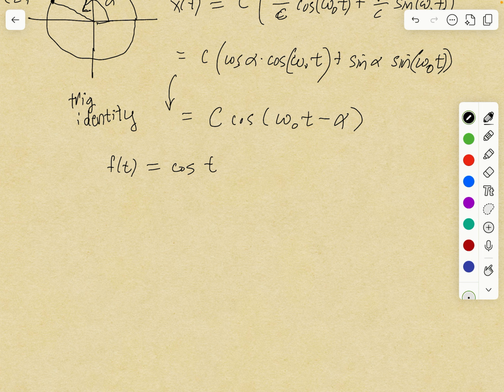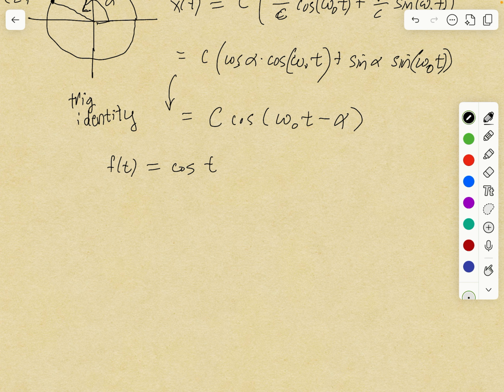Hopefully when you learned pre-calculus, you learned a bunch of steps to get from cosine t to something like C cosine of omega naught t minus alpha. And how does that work? Well, the way I do it, that I think is the best way, is to start with this function and then see what steps you have to do to get each next component of your function.